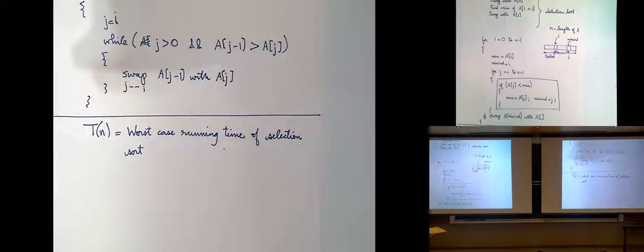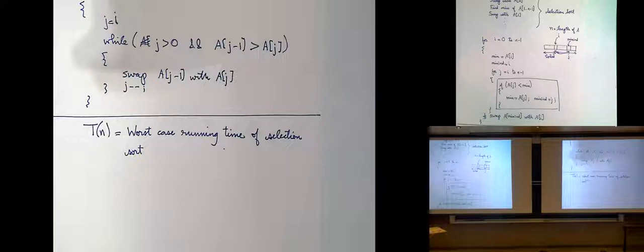Most of you probably know what the answer is already. Right? What's the answer? You've probably heard that it's O of n squared. But let's try to figure out why that's the case. Okay? Any questions about this? So T of n is the worst case running time of selection sort.